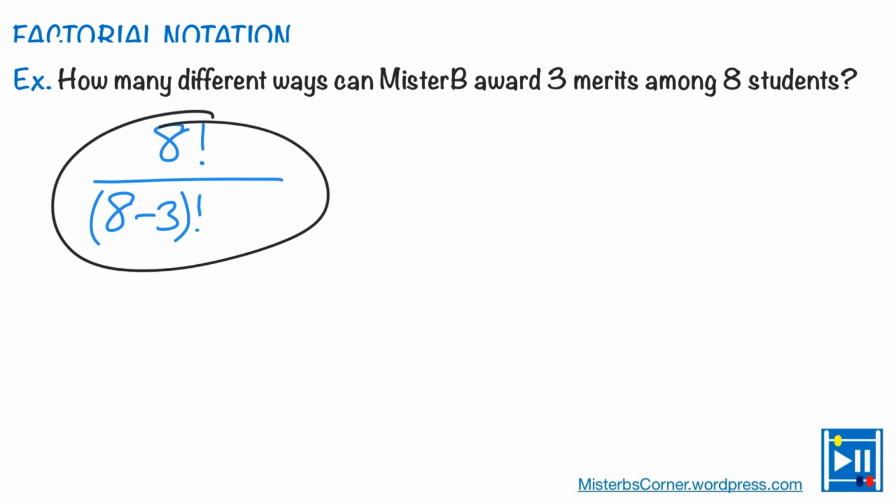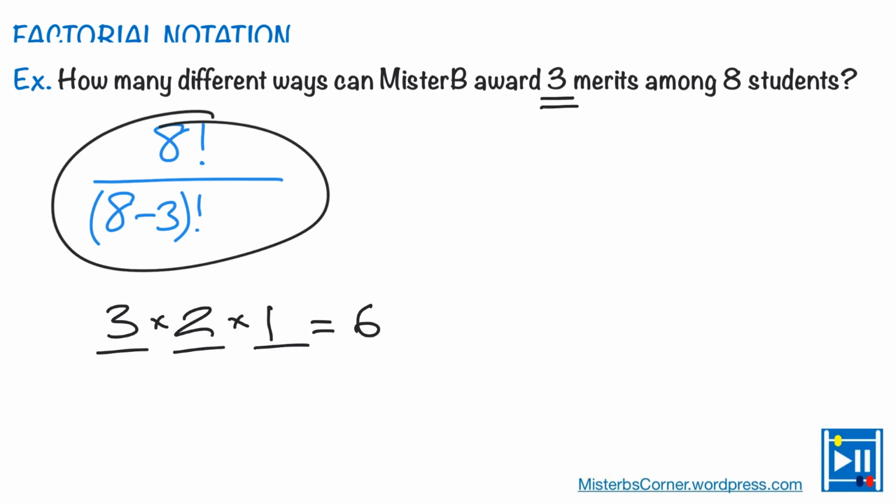As there are 3 slots, and there are 3 possibilities for the first one, 2 for the second one, and 1 for the third one, this means a total of 6 different arrangements of 3 people getting 3 merits.